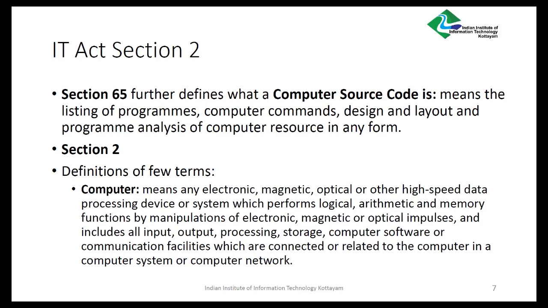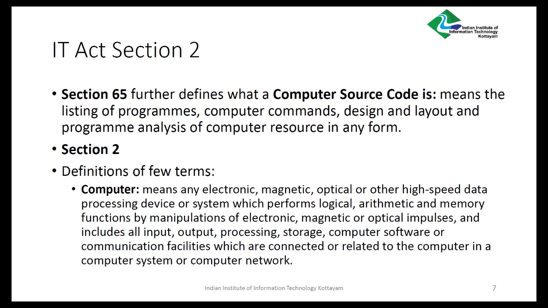Okay, so section 2 defines terms. We have intermittently used the term computer as well. Section 2 clearly states what a computer is. It might look to be a bit of an overkill, but yeah, it is.